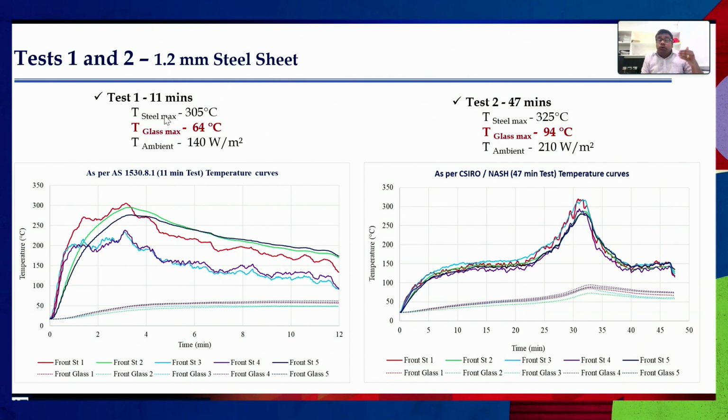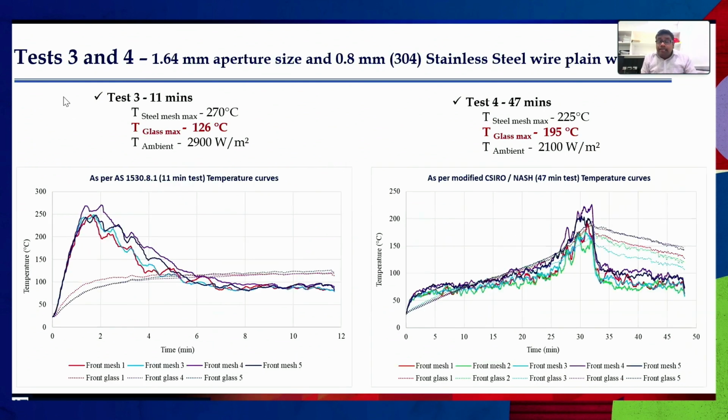When we expose it to 11 minutes and 47 minutes temperatures, the steel cladding temperatures were 305 degrees and 325 degrees in both tests. And the glass only measured about 64 degrees Celsius and 94 degrees Celsius for the BAL 40 conditions. Similarly, the mesh in test 3 and 4, where we had 11 and 47 minutes.